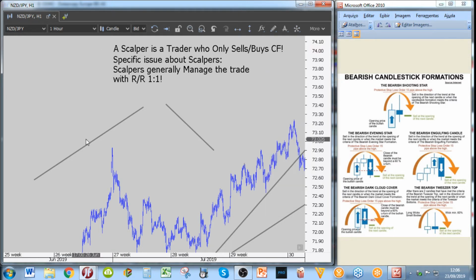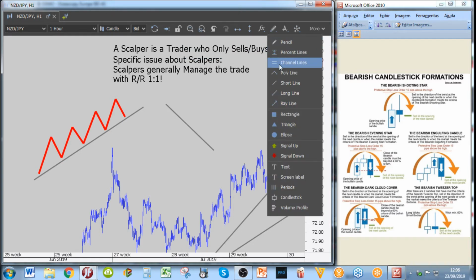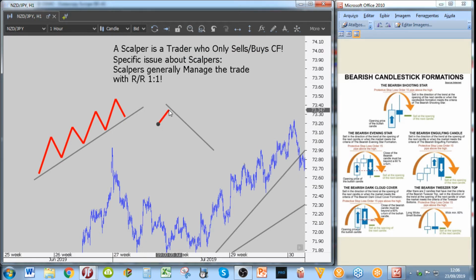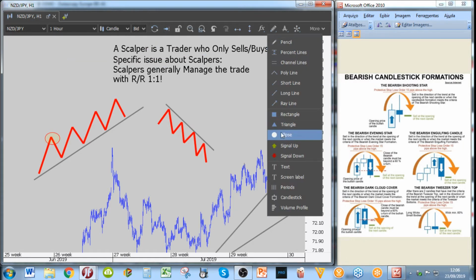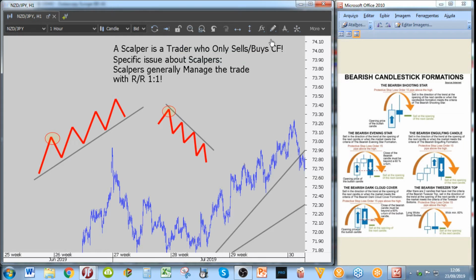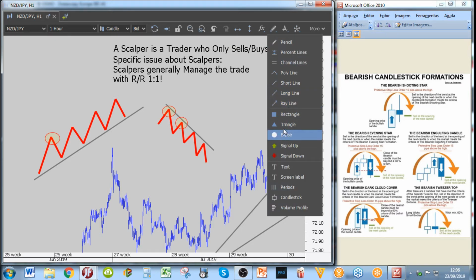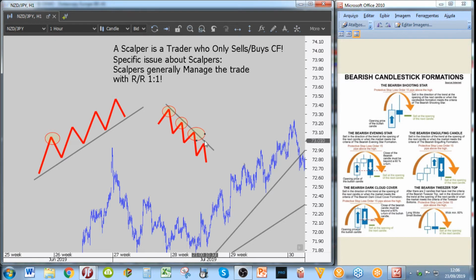What do you think? If a scalper is going to sell bearish candlestick formations in an uptrend, or he is going to sell bearish candlestick formations in a downtrend, where he or she has a greater probability of success? Because if you are thinking, oh, it's the same, no, it's not the same.